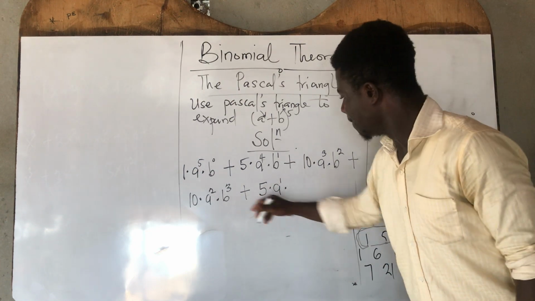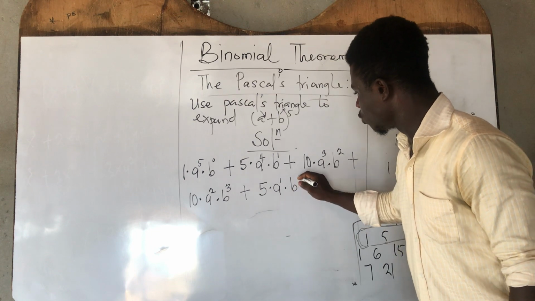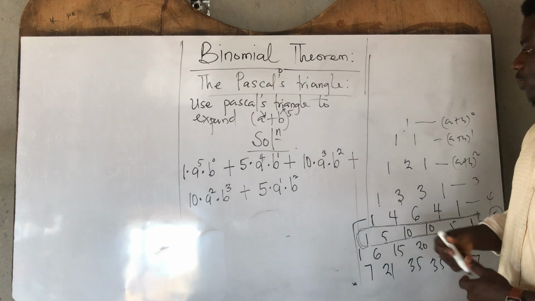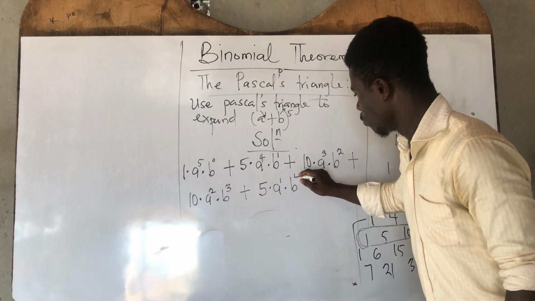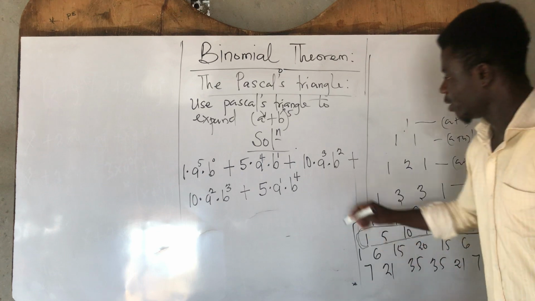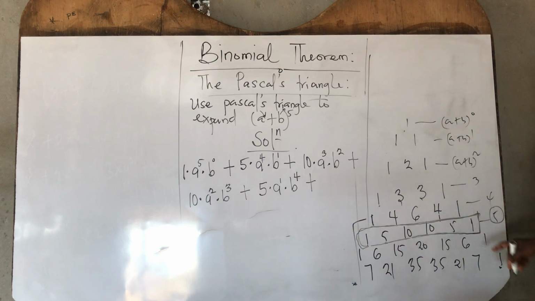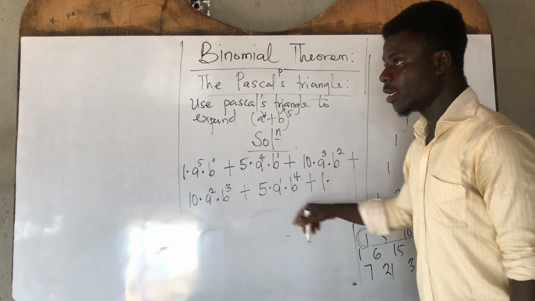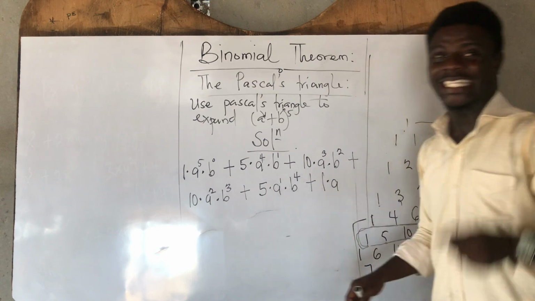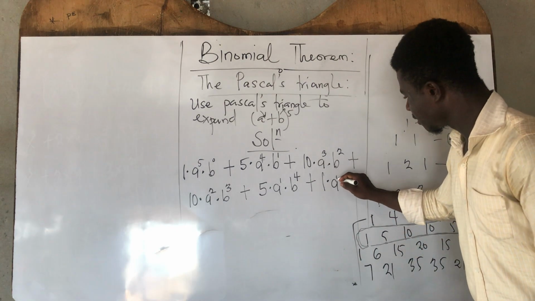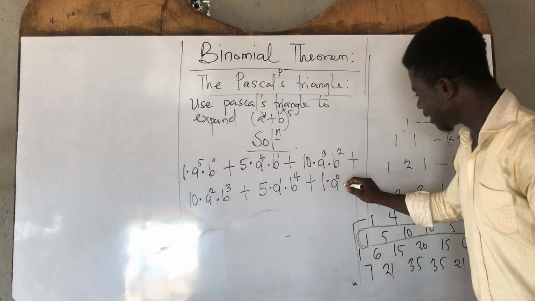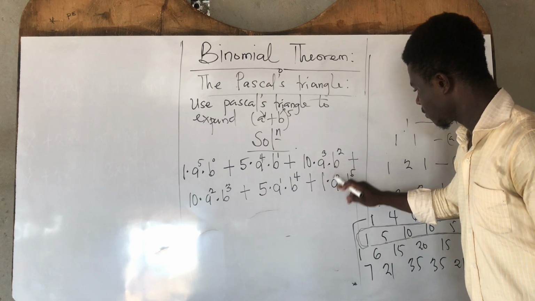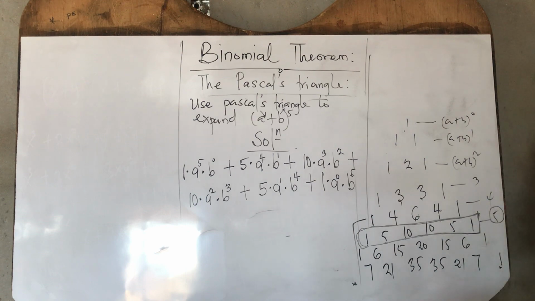Then times b is increasing, so it will move to 4, from 3 to 4. Then plus the next coefficient, which is 1. So 1 times a, decreasing, so it will move to 0, right? Then times b is increasing, so it will move to 5. So we can see the expansion.